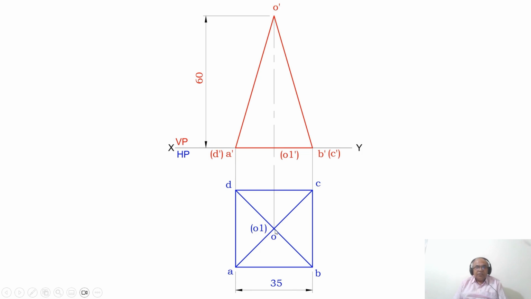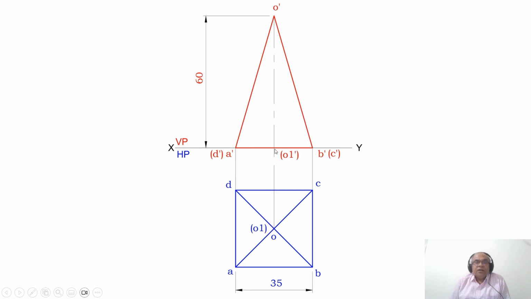These two diagonals will intersect at this point and you mark that point as O and O1 in bracket. As you look from the front view, you can see the height of the pyramid. So you draw a vertical projector from both A and D to the XY line, similarly from B and C to the XY line. Then draw a vertical projector from O1 and take it above the XY line.